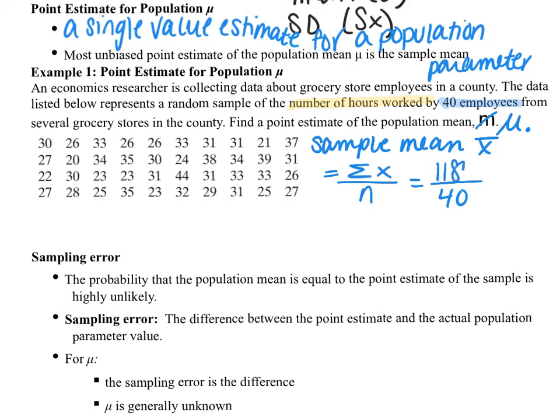We would get 1,184. So the mean number of hours worked by this group of employees was 29.6 hours.